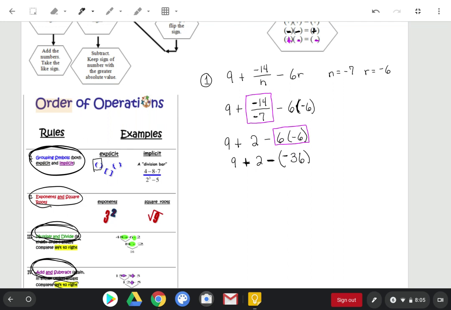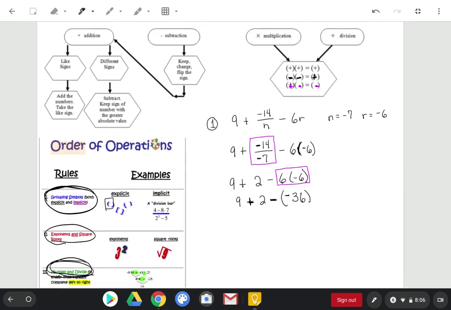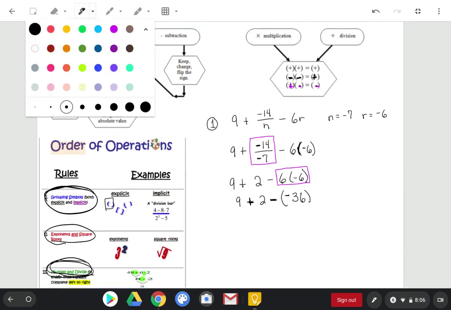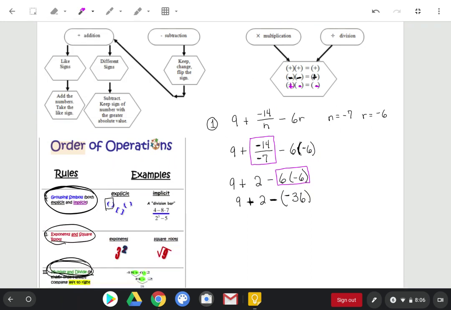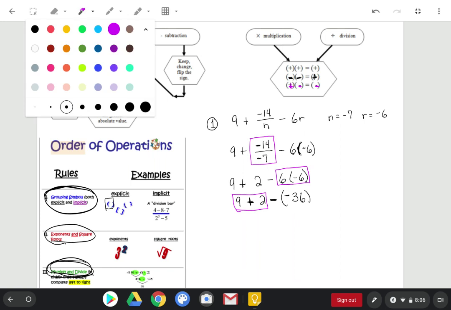Remember, we have to go from left to right. So I'm going to concentrate first on 9 plus 2. Okay, and we've been doing 9 plus 2 since probably kindergarten. So 9 plus 2 is 11, correct?